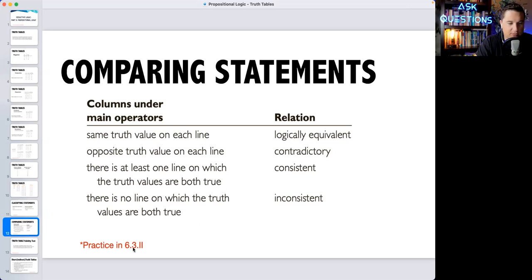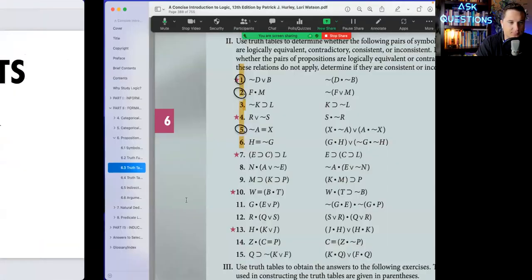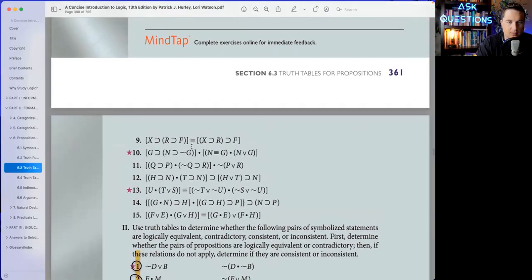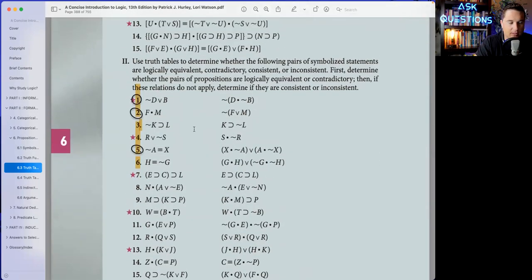But let's go to 6.3 Roman numeral number 2. And we're right here.